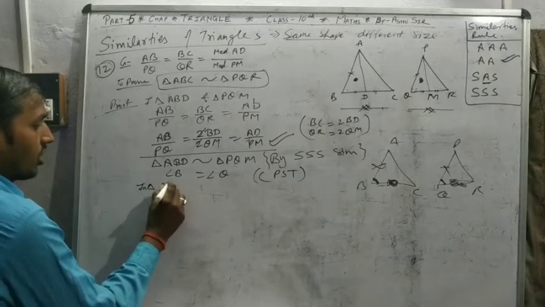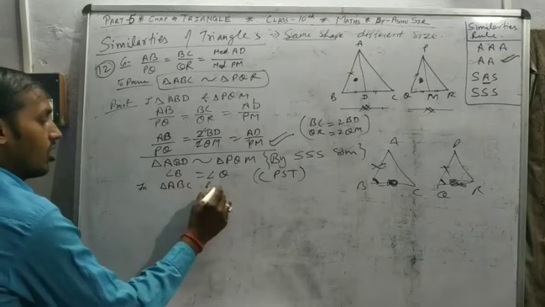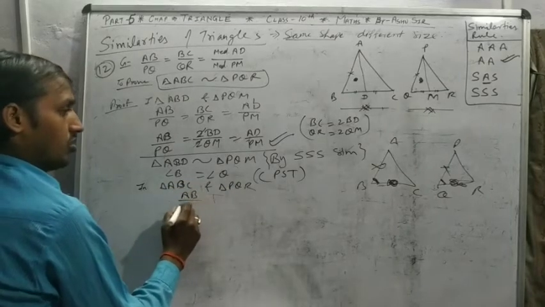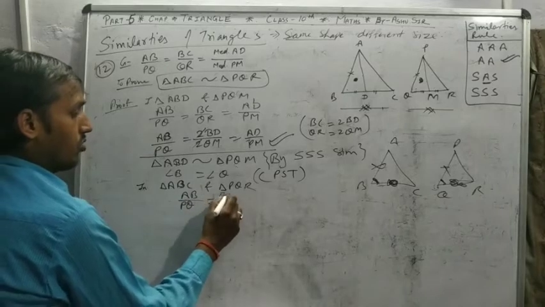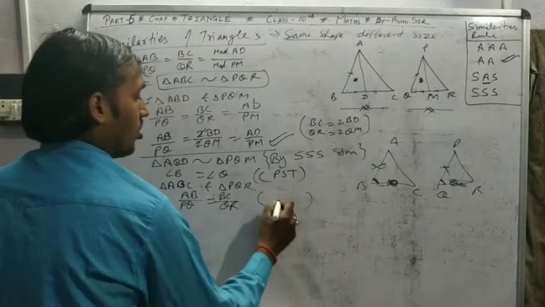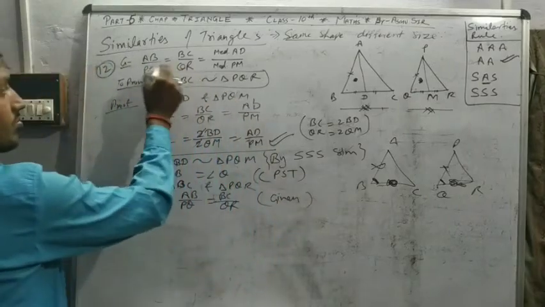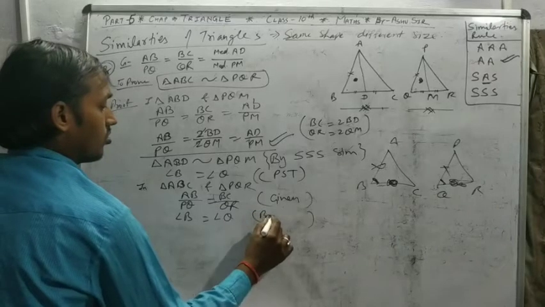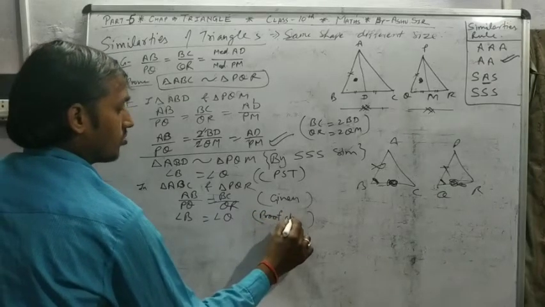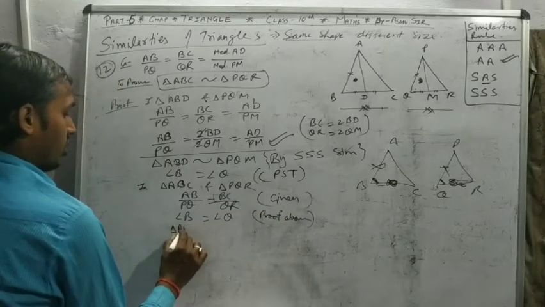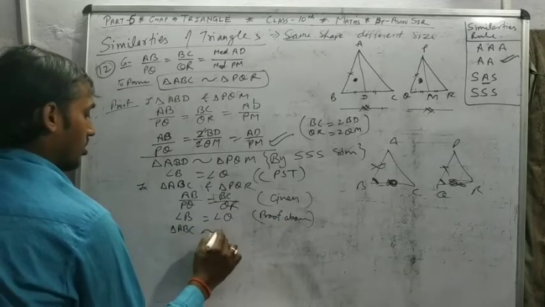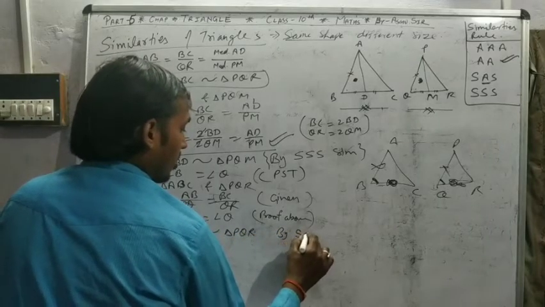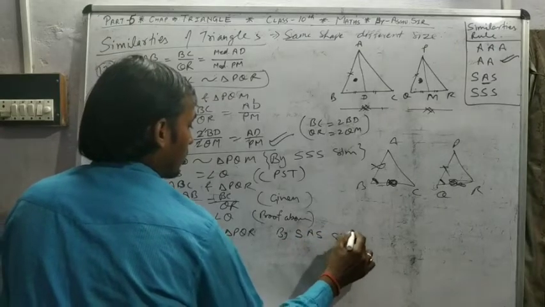Take triangle ABC and triangle PQR, and write down all the steps. AB upon PQ, BC upon QR, given. Angle B is equal to angle Q, proved above. So triangle ABC is similar to triangle PQR by SAS similarity.